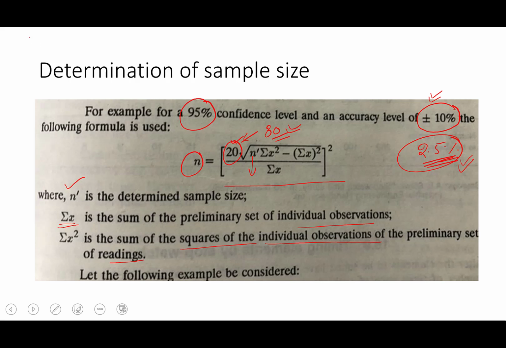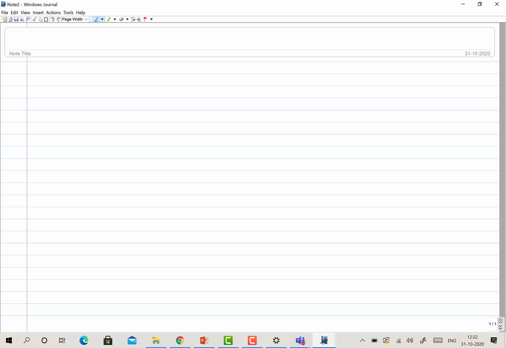Okay, now I'll show you according to this example. Let's say for a particular element, 5 preliminary observations were taken.